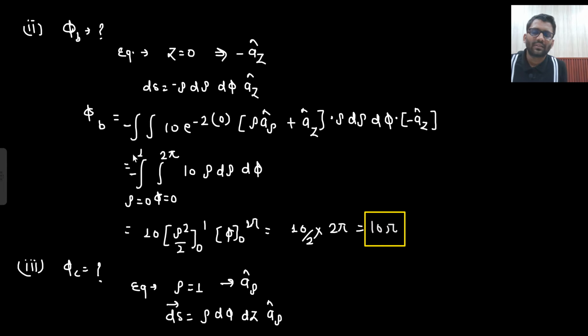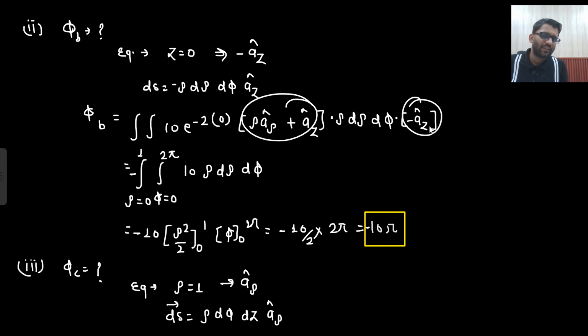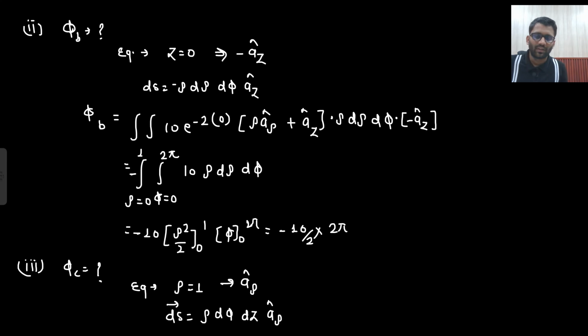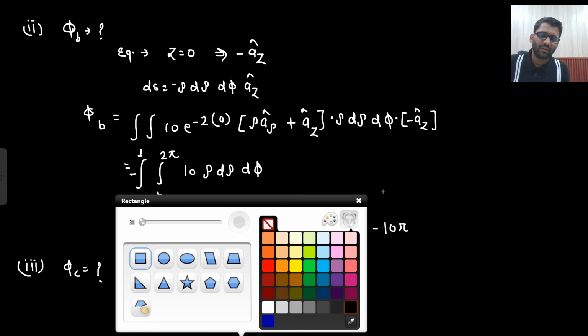Here I forgot the minus sign. The minus sign was there, so this was minus tan pi. From this dot product I was getting 1, but I forgot the minus sign. So this was minus tan pi. Let me write it down in a better manner.